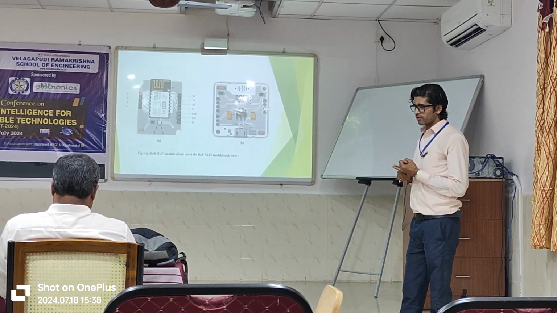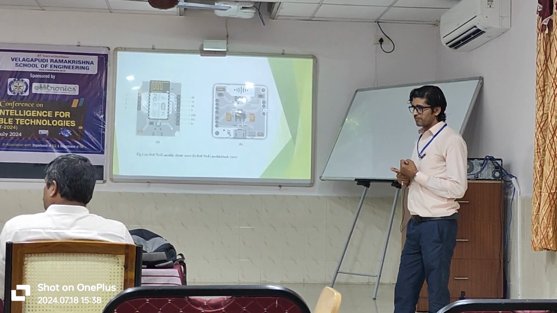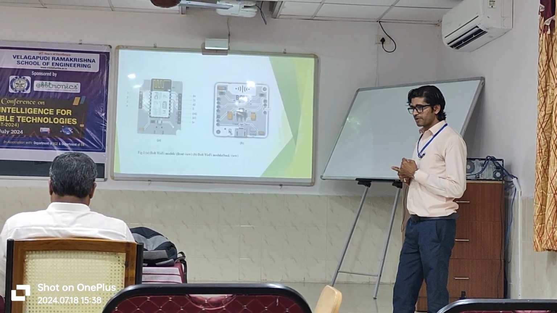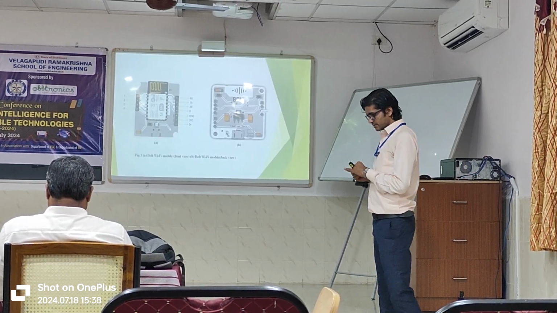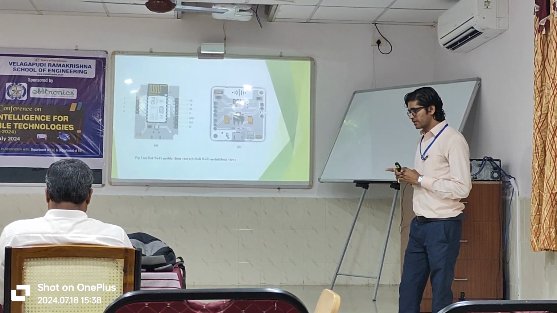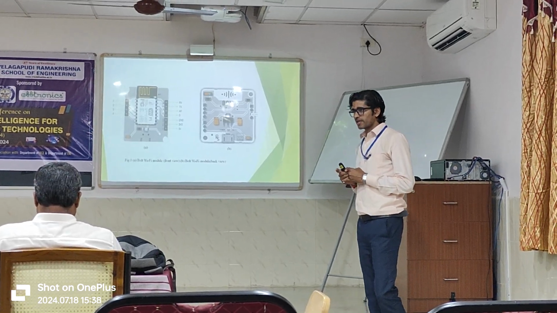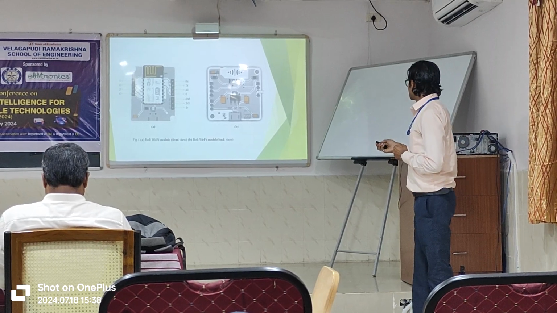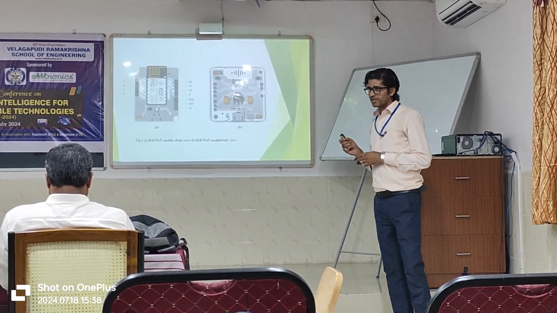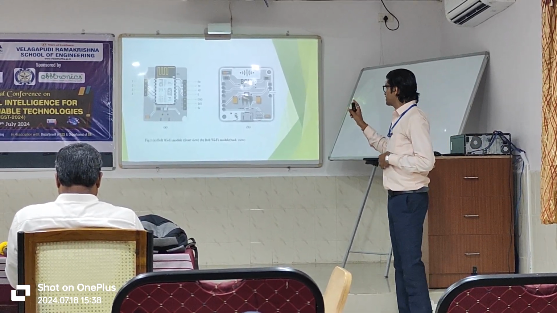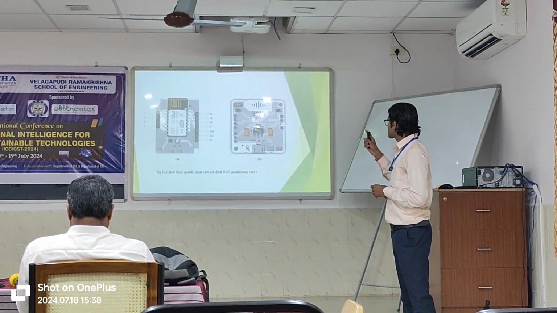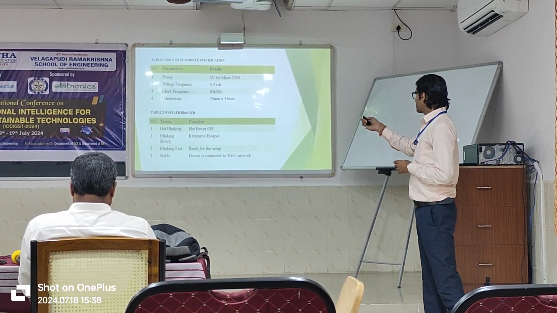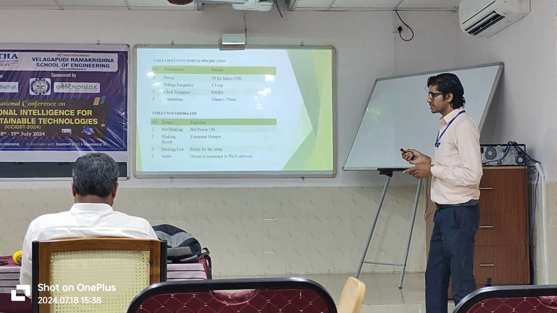802.11 B supports data rates of 11 Mbps, G supports data rates of 54 Mbps, and N supports data rates of 300 Mbps, which also uses MIMO technology. Coming to the next point, here we have two LEDs in the hardware section, the ground LED and the Wi-Fi LED, also called the blue LED.